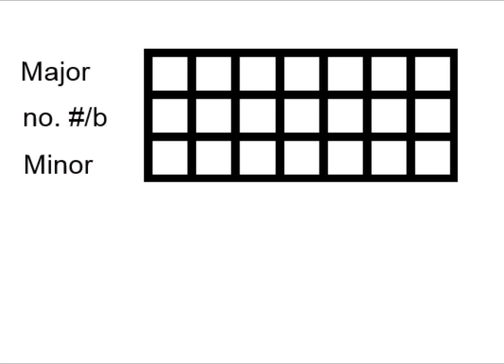In the middle, we'll have numbers telling us how many sharps or flats there are in each of those keys. Hopefully you know that the key of C major and A minor have 0 sharps and 0 flats, so we can fill in C, A and 0 in the middle. We're going to need 2 of these tables. One table will be for sharp keys and the other one will be for flat keys.